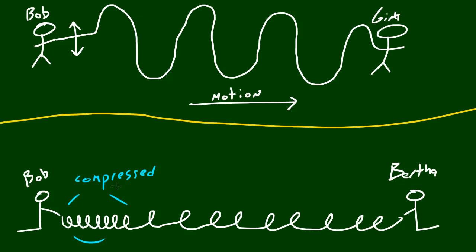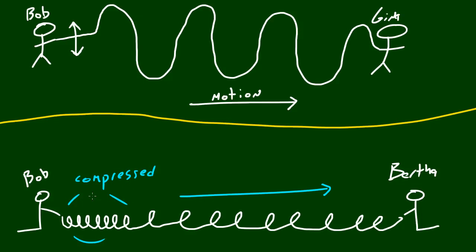Now, obviously, once it's released, the compressed portion of the Slinky is going to travel down towards Bertha until it eventually hits her and she's going to absorb some of the energy. So that is basically the definition of a longitudinal or compression wave.